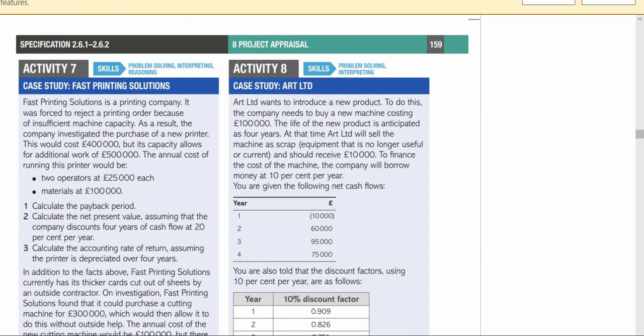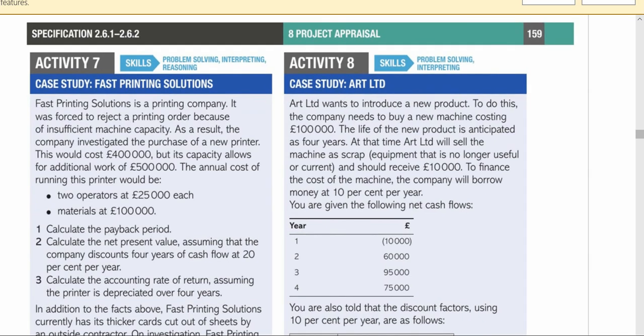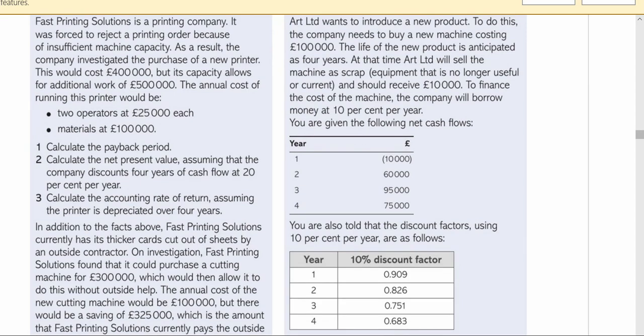Now we have the case study, Fast Printing Solution. This is the complete case study. You have to calculate the payback period, then net present value, and the discount rate is 20%. Third is to calculate the accounting rate of return.